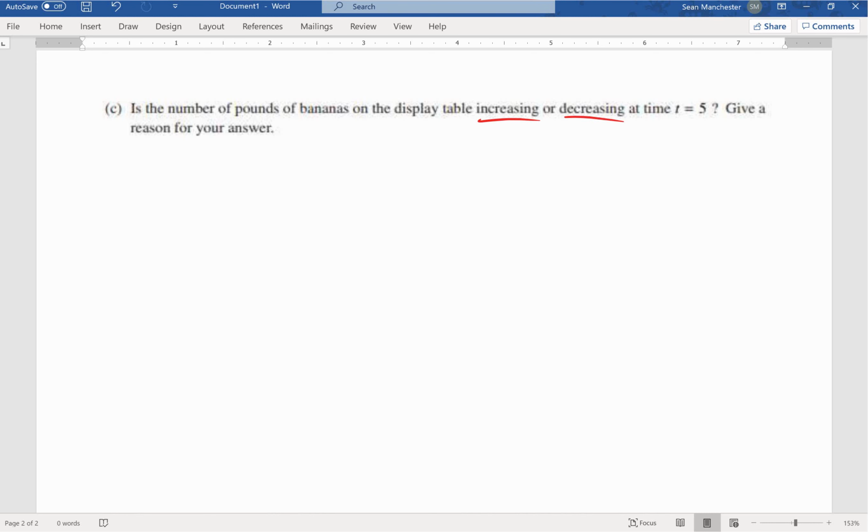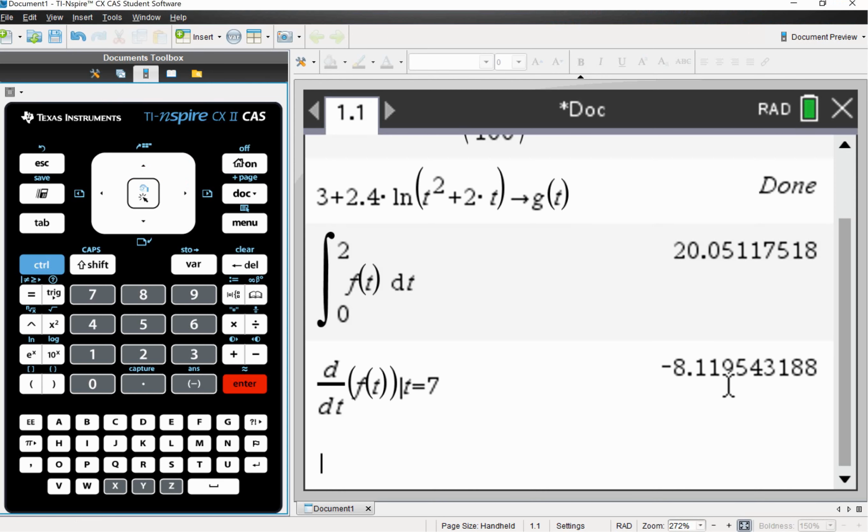So we know that the bananas being added are modeled by the function g, and the bananas being taken off are modeled by the function f. So at 5, we'd want to know what is the rate at which we are taking bananas off of the table. So we just need to know what's f of 5.